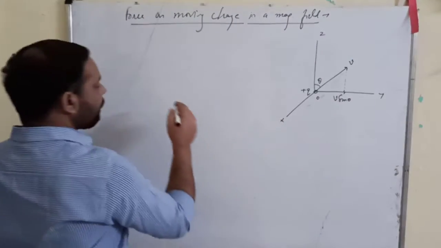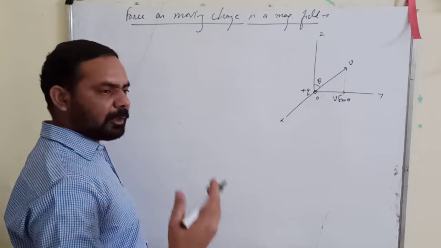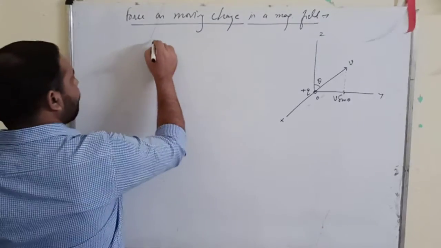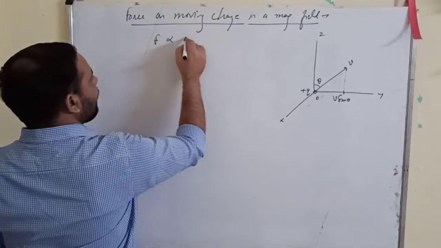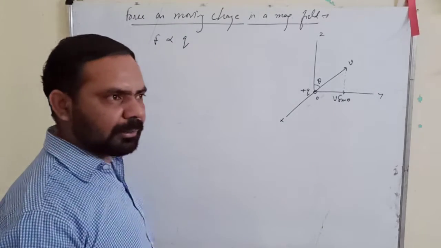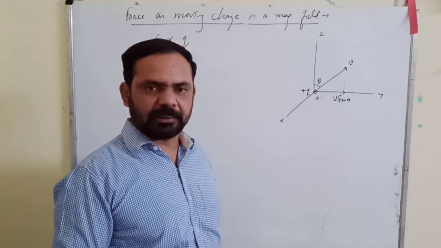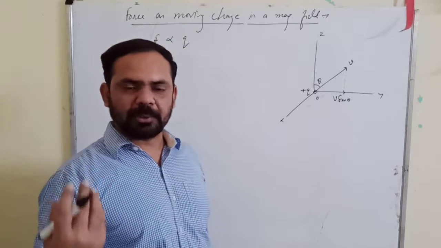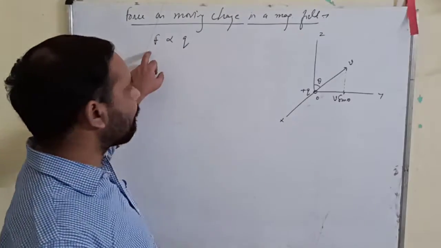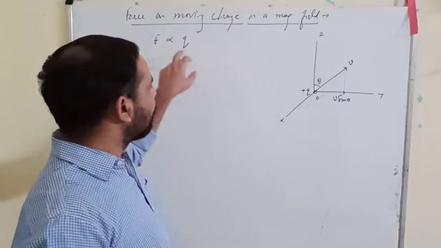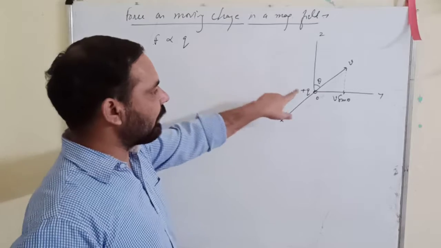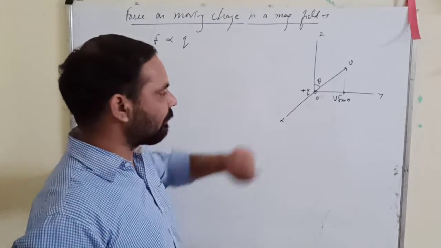Then it is an experimental fact that the charge experiences a force, and that force is directly proportional to the magnitude of the charge. There is no derivation; it is an experimental observation that the charge will experience some force.